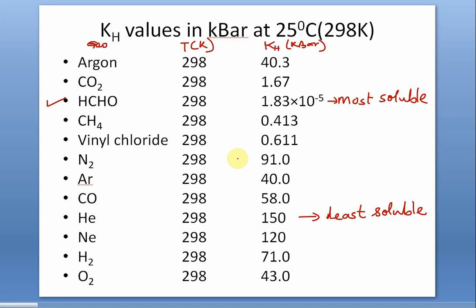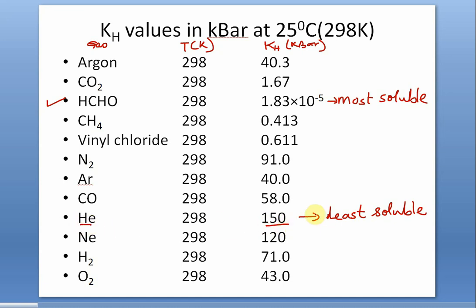Now this is a long profile of different gases. Carbon dioxide, this is again in kilobar, the same, but at 298 Kelvin, that is room temperature, or 25 degrees Celsius, right? So out of all the values, if you have a glance at these values, you will find that the maximum Kh value is 150 kilobar, that is for helium.